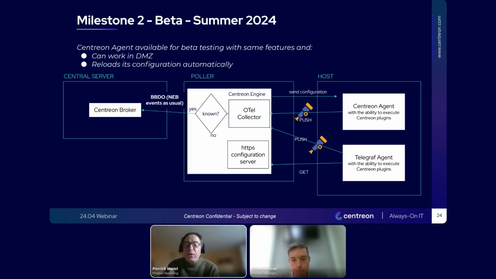So during the summer, on the watch, we'll ask you to contribute, to be a beta user, to test the agents, to give us your feedback, and at that time you will need some 24.04 platform around to play with it. So this is why we are discussing it today.